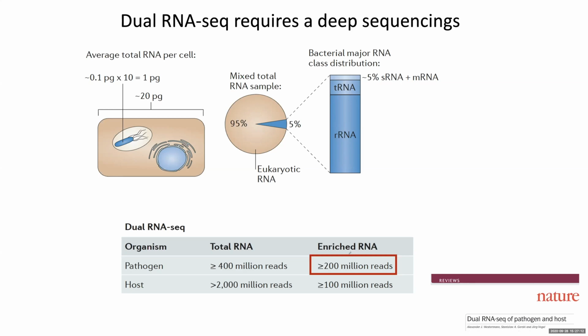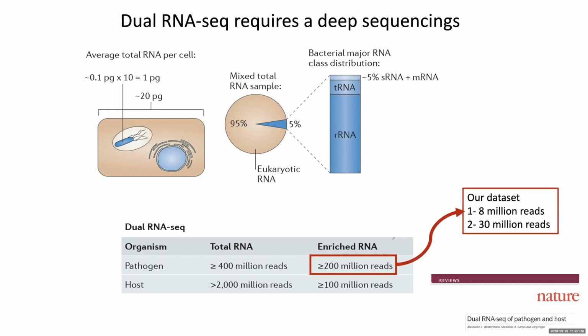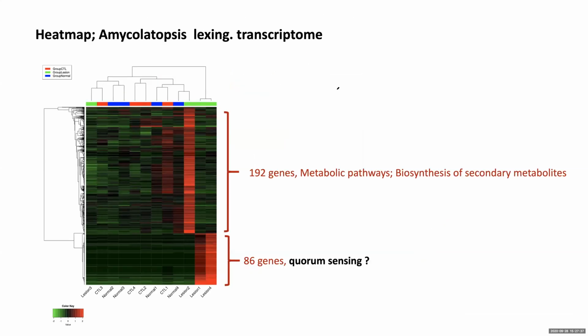That's why we need very deep sequencing, for example at least 200 million reads. The data set that Hussam presented is around 8 million reads, and the data set that I'm presenting is around 30 million reads. So we need way deeper sequencing to be able to look at the mRNA at the bacterial level.